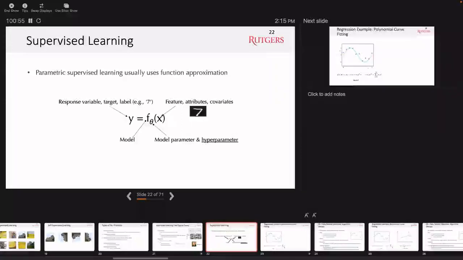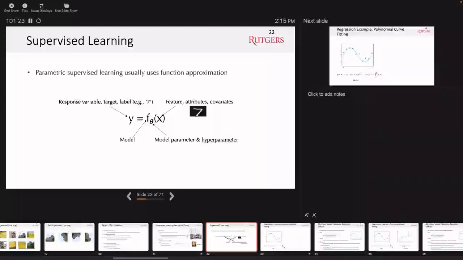So this is a classification problem, and this model is parameterized by a set of model parameters. So usually we call this model parameters theta, and it's in the subscript of f. So model parameters are hyperparameters. So this is parametric supervised learning, and it's a very high level slide.